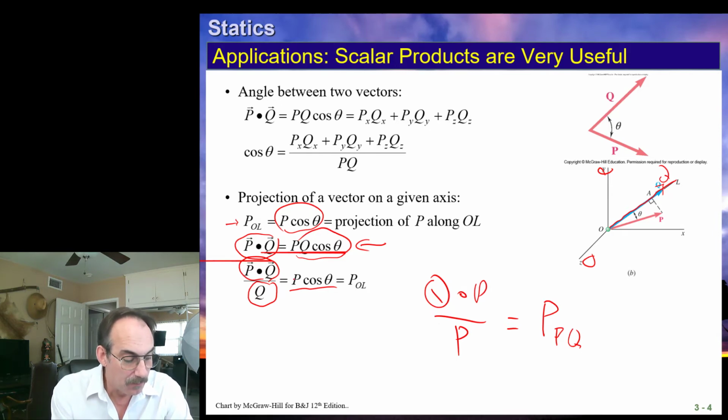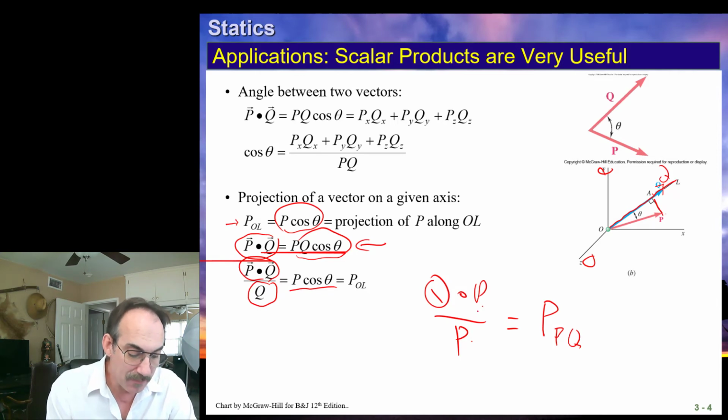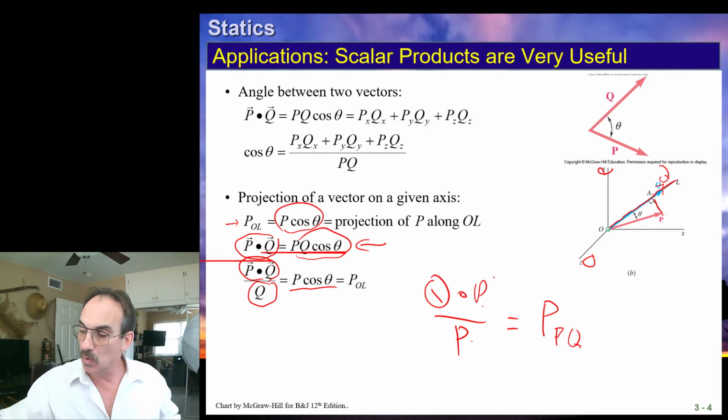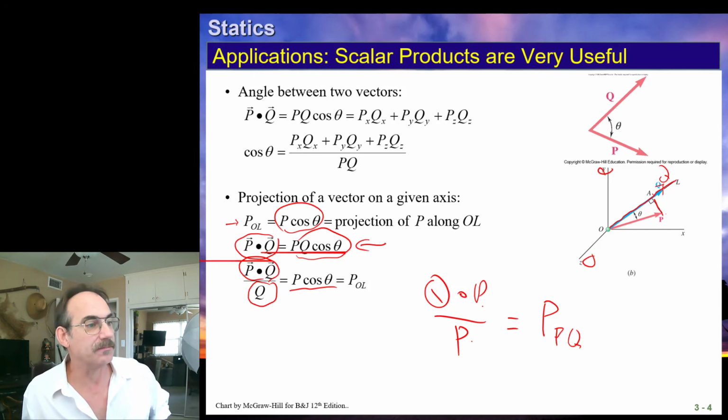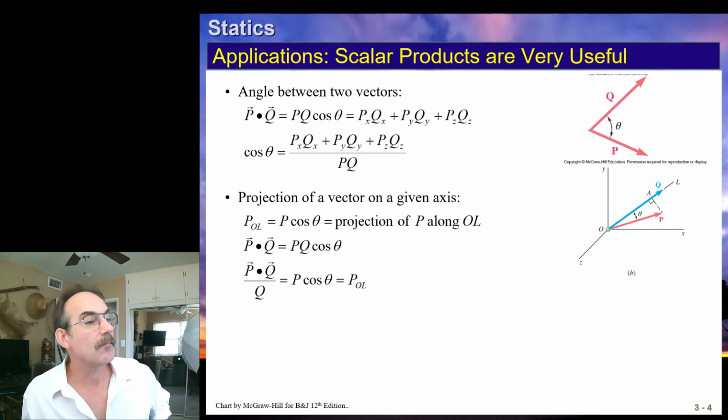The P dot Q over Q gives us the projection of P onto Q, and Q dot P over P gives us the projection of Q onto P. I think I said that backwards. Q dot P gives us the projection of Q onto P. By dividing by P, it gives us the amount in that direction. Okay.